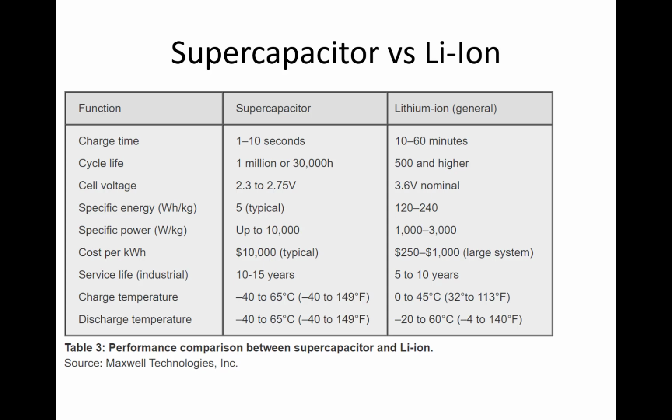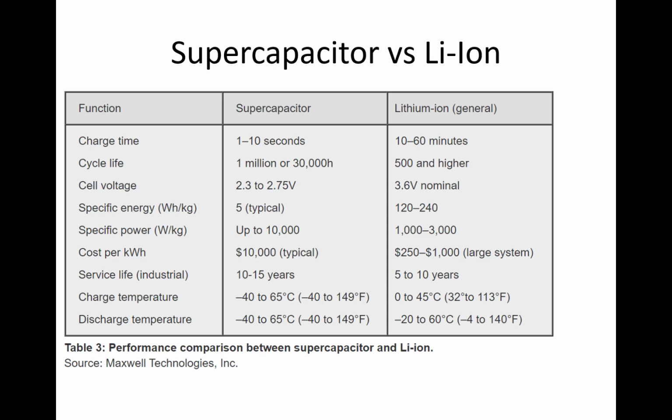And also with the life. So 1 million charges or discharges with a supercapacitor compared to only maybe 300 to 500, or maybe a bit more with the lithium-ion batteries. And that's why if your laptop's a few years old, you've probably done those 500 discharges and your battery will be on the blink and won't be charging up and giving you the full charge that you had before. Same with your mobile phone.